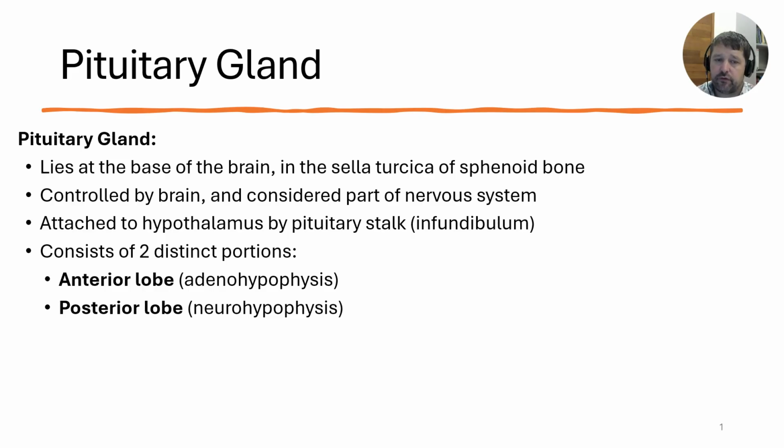The anterior is called the adenohypophysis. The adeno part should give away what kind of material this is associated with: hormones. The neurohypophysis is associated with neurons. So the anterior lobe is controlled by hormones and the posterior lobe is controlled by neurons.